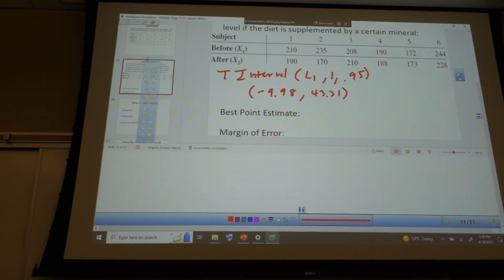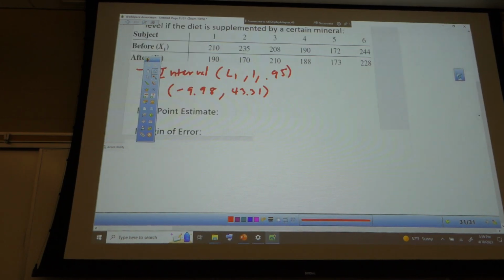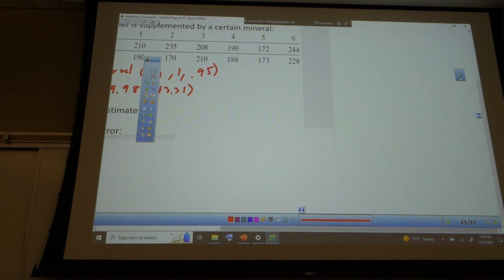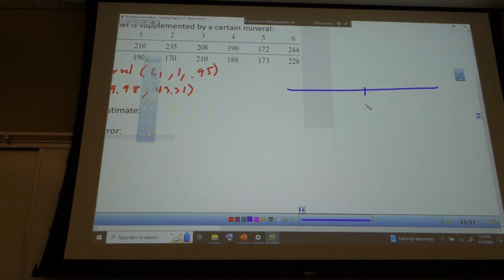And then I'm just going to remind folks about what these other pieces look like for a confidence interval. It's been a little while since you've done confidence intervals. Remember, you have your p hat or your x bar in this case, maybe. And then you're going to jump back, subtract your error, and add your error to get to your upper and lower limits.